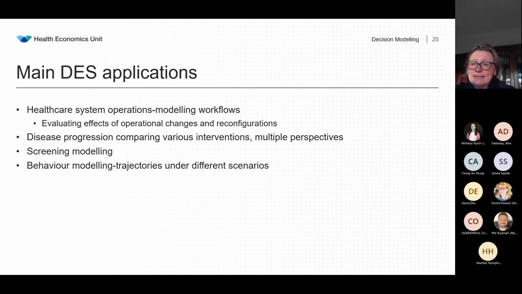And recently, this new area in health economics is gaining prominence, behavioral economics, so in behavior modeling. This is to model trajectories of individual behavioral change over time in response to different interventions, to get to the most influential mechanism for behavior modification, say stopping smoking, or screening policies for breast cancer, etc.